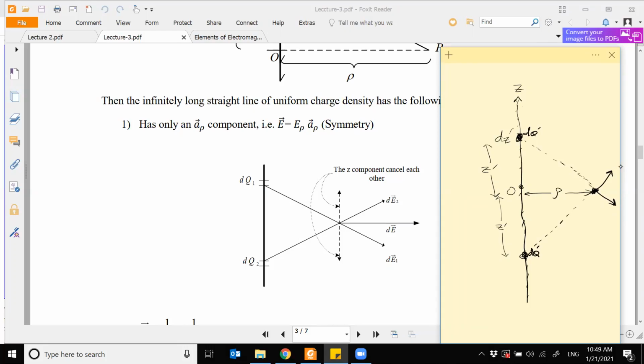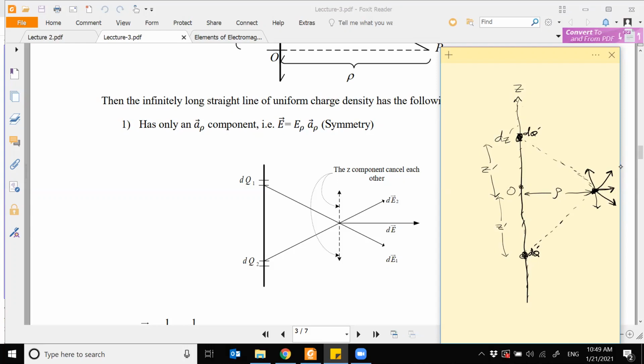So what will happen if I decompose this electric field? I will get a component in this direction and a component in this direction. And for this one, I will again get a component in this direction and one component in this direction. Now this component and this component will be equal in magnitude but opposite in direction.